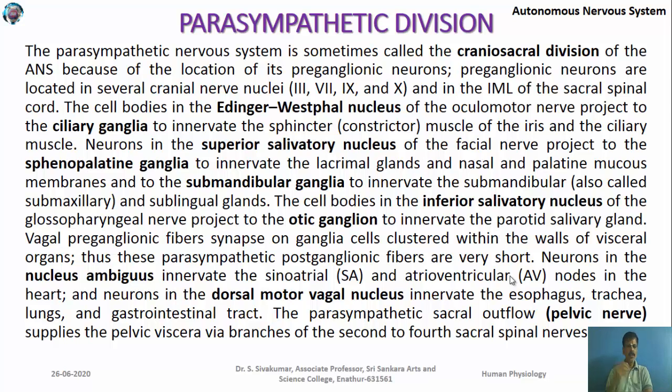Okay, so neurons in the superior salivatory nucleus of the facial nerve project to the sphenopalatine ganglia to innervate the lacrimal glands and nasal and palatine mucous membranes, and onto the submandibular ganglia to innervate the submandibular and sublingual salivary glands. In simple terms, the parasympathetic nervous system provides the nerves to the salivary glands.